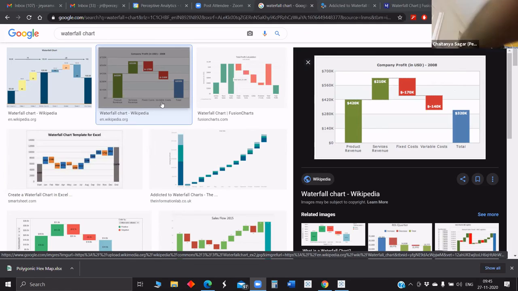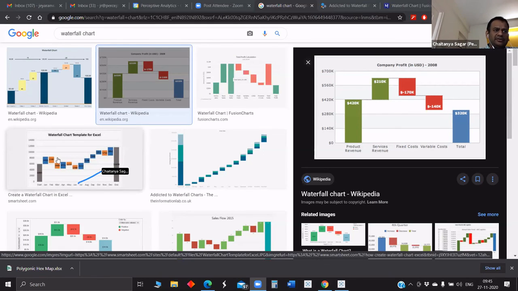But the last one is actually profit. Profit is the leftover, and because it's the leftover, it starts from where the previous one left off and goes all the way to 0. Similarly, we can do that over here. You can take this example also, Jairam.